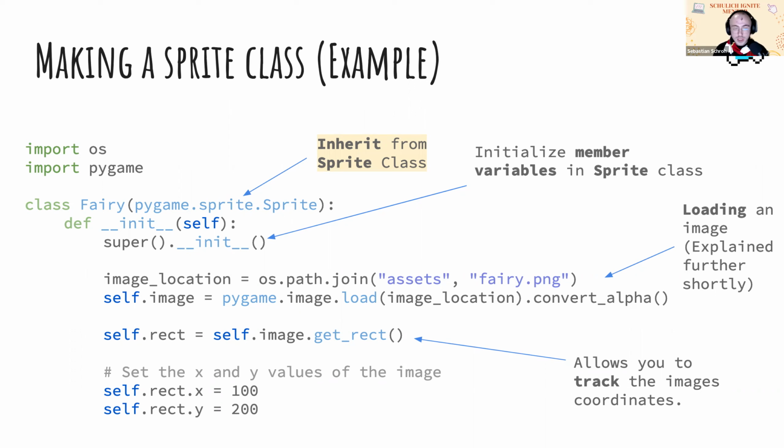Then we load the image below that, pygame.image.load from the image location, and then we convert alpha there. Then we're setting our rectangle, like I was talking about in this slide over here: self.rect is equal to self.image.getRect, which allows you to track the image's coordinates. And then we can manipulate that rectangle, and that'll update where our image exists on the screen as well.